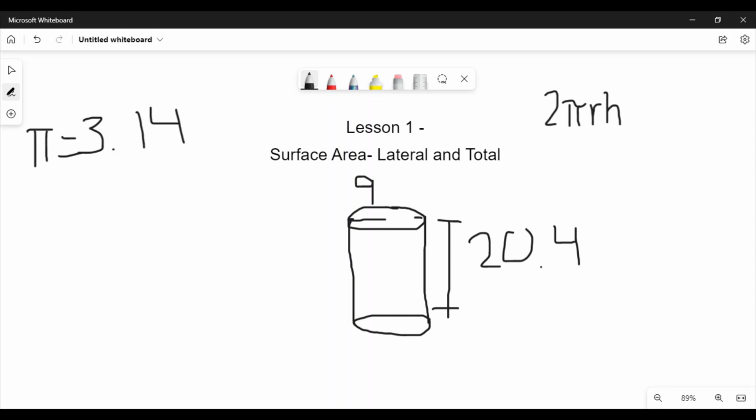So we need pi times 2, so it's 2 pi. 2 times 3.14 times the radius, and the radius here, you don't need to do anything to it because it's just the radius, it's not the diameter. So the radius is 9.